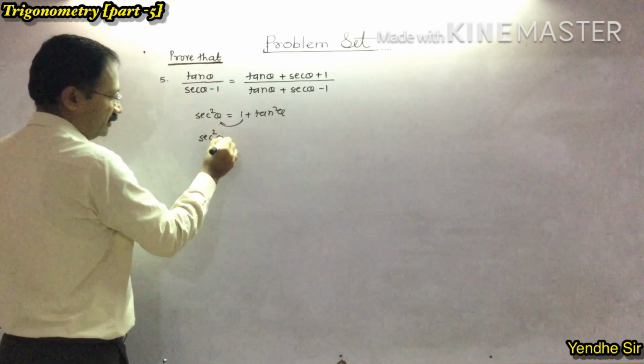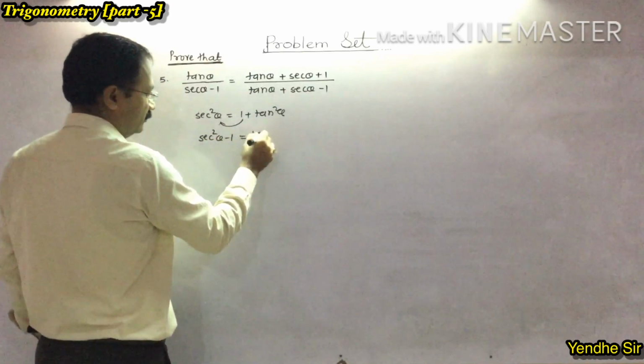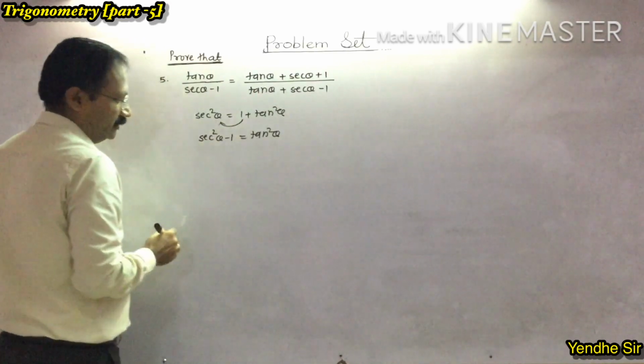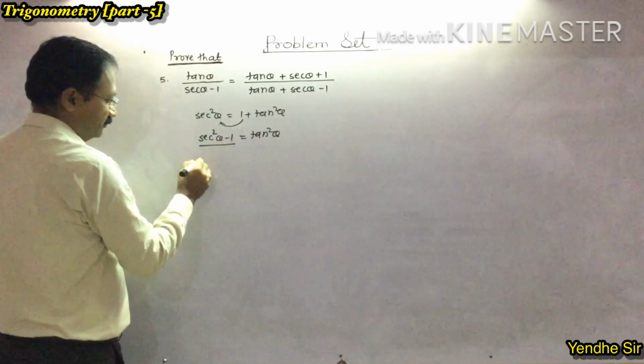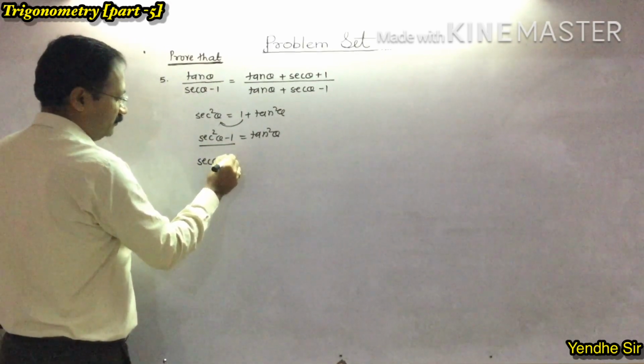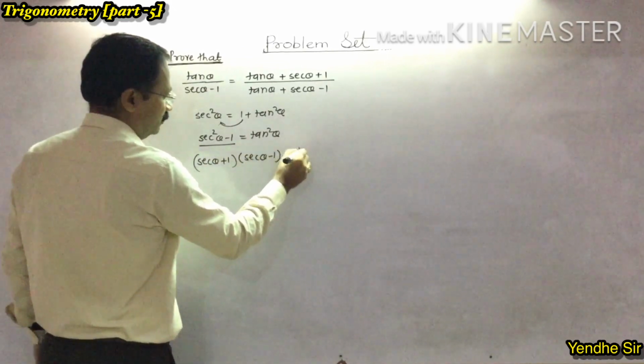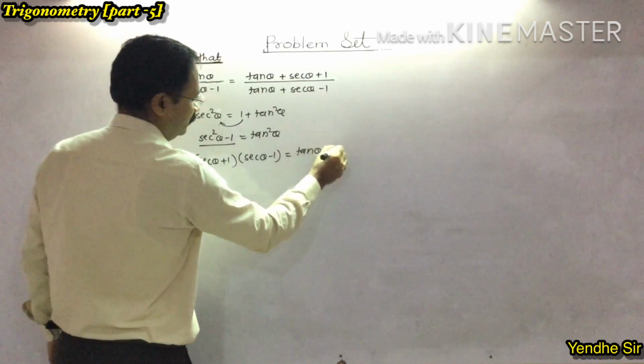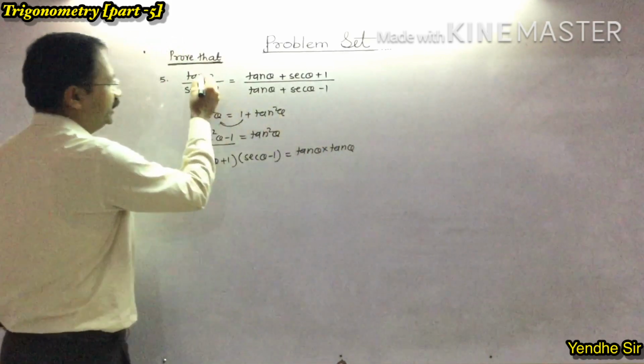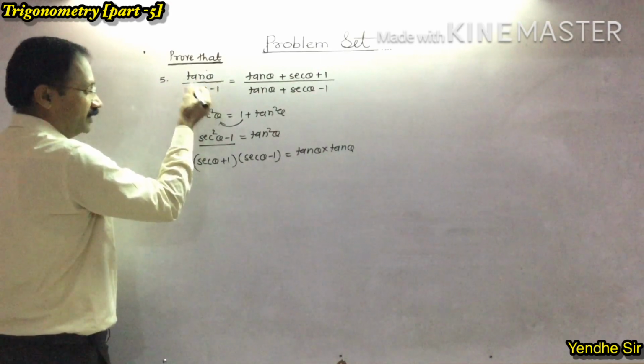You will get sec square theta minus 1 equals tan square theta. Now split it. Sec square theta means sec theta plus 1 and sec theta minus 1, equal to tan theta into tan theta. So what you need here is tan theta upon sec theta minus 1.